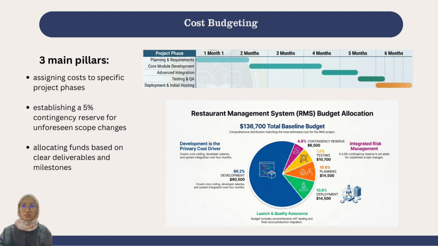In month 6, this is divided between testing in the first 2 weeks and deployment in the final week for the live transition. Finally, we have integrated $6,500 for contingency reserve, and this 5% buffer is essential for managing risks and ensuring that any emergencies do not derail our project's financial health. This concludes the budgeting and life cycle portion of our plan.